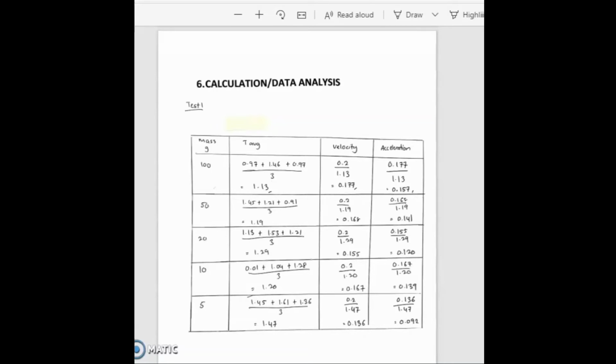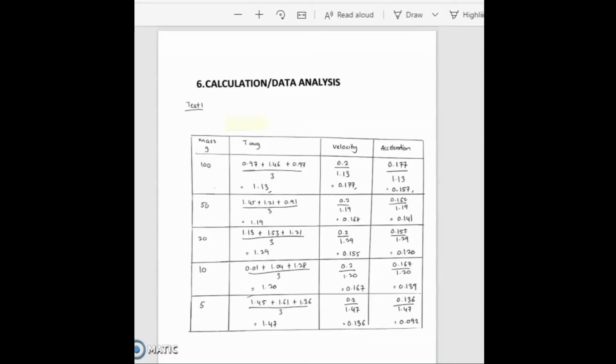For test 2, the height given is 30 cm. Then calculate, use the formula and we get the value.